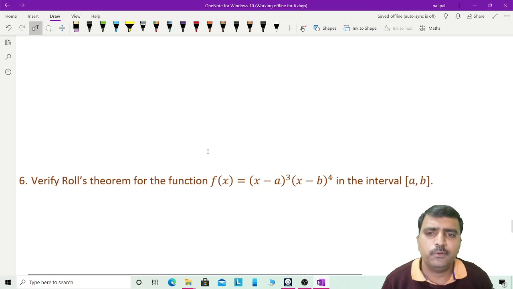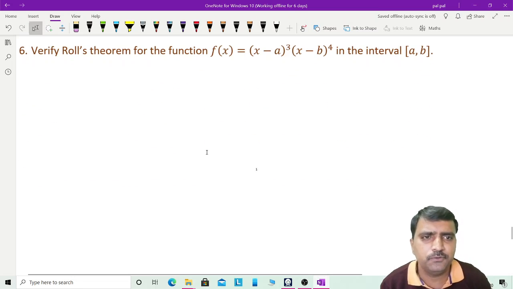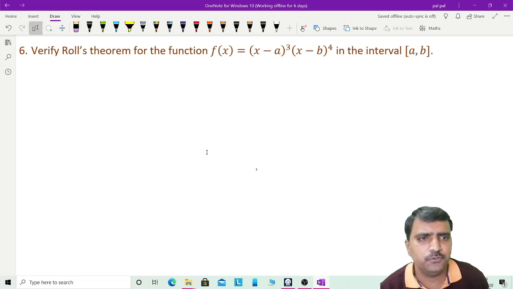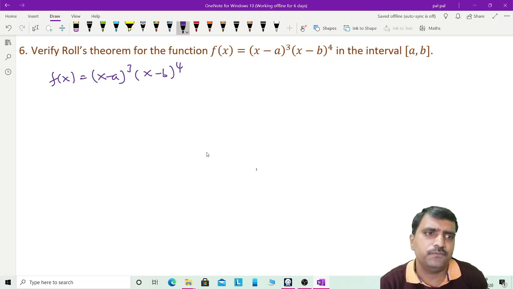Similarly, one more problem on Rolle's theorem: f of x is equal to x minus a whole cube into x minus b whole to the power 4.